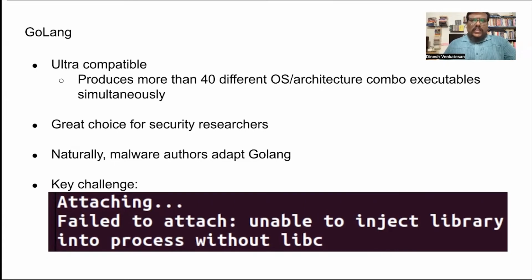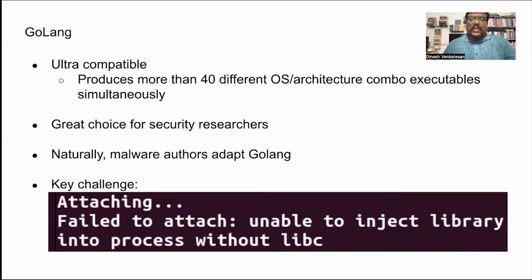Just with a single build script, it can generate 40 different executables that can run on 40 different operating system and architecture combos. It has such powerful cross-compiler support that from the same system you can generate for many flavors and architectures. So naturally, it's a great choice for security researchers, and automatically it makes it a great choice for malware authors as well.